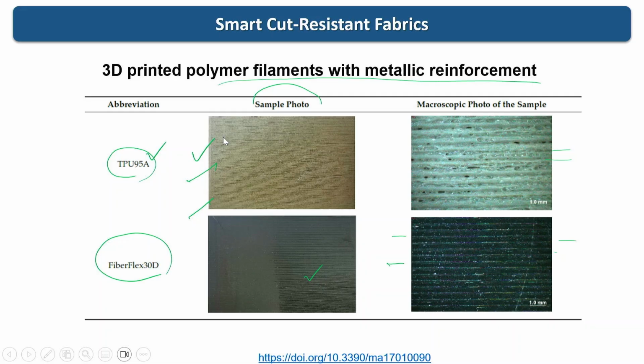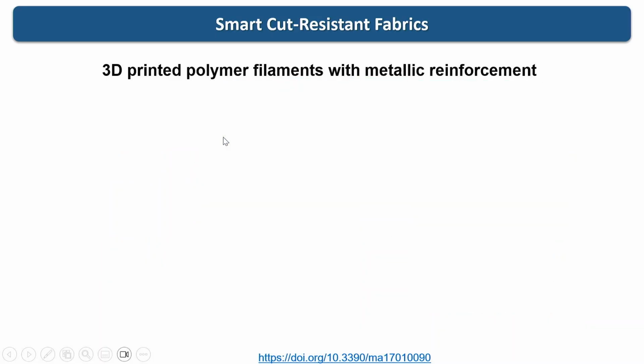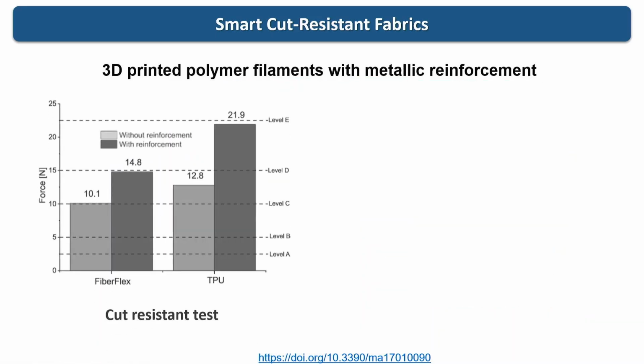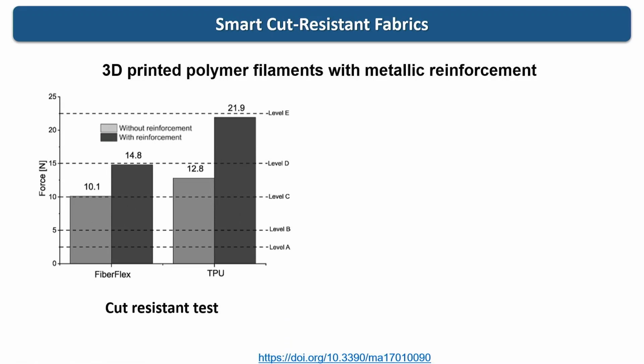These are commercially available material. There are other studies also. You can see that 3D printed polymer here without reinforcement and with reinforcement. So, one is the fiber flex and another is TPU. With the reinforcement, the force required to cut has increased a lot.